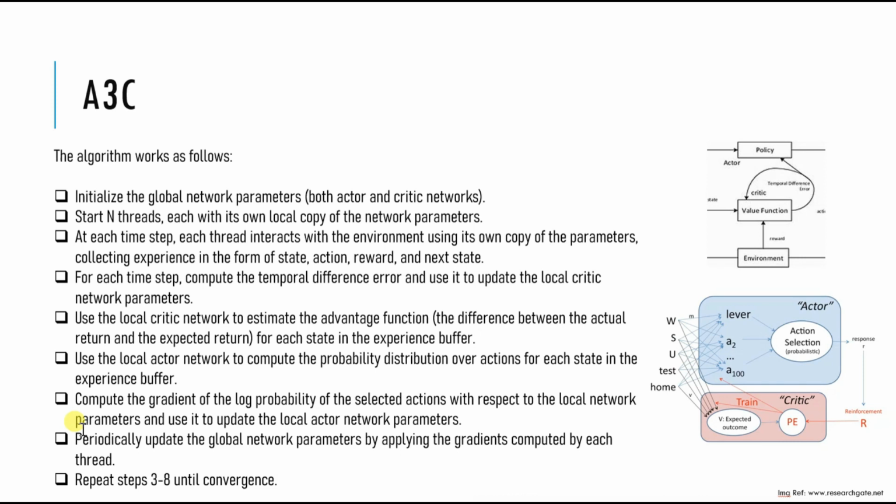At each move, the agent will use its policy network to select the best move it can make, and then use the value function network to estimate the expected reward for that particular move. Once the game is over, the AI agent will calculate the advantage of each move made during the game. The advantage is calculated as the difference between the actual reward received and the expected reward predicted by the value function network.